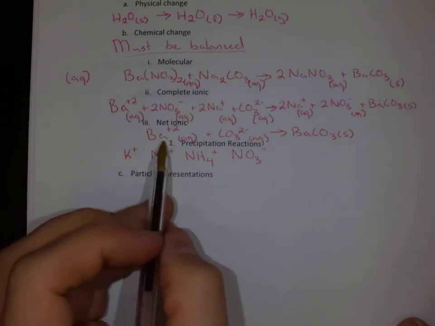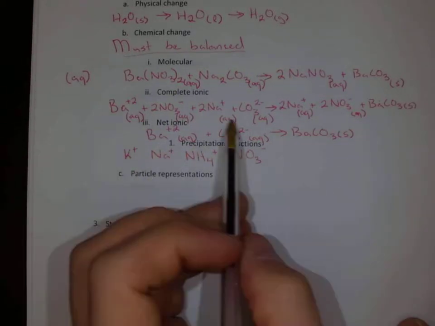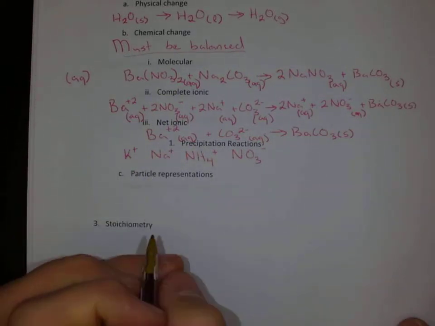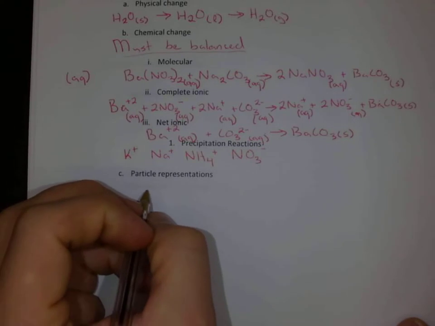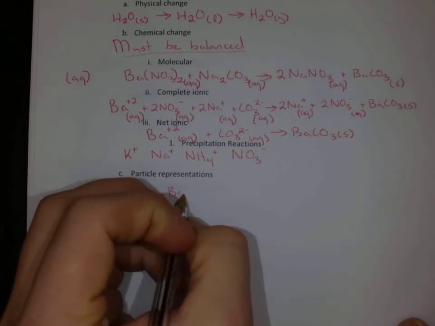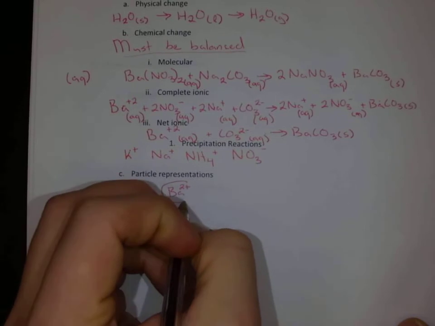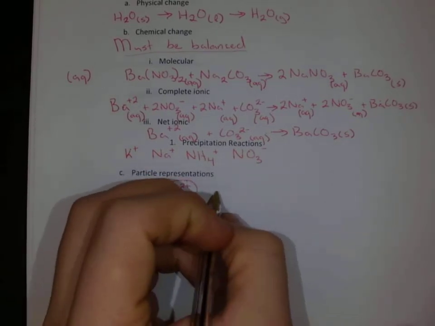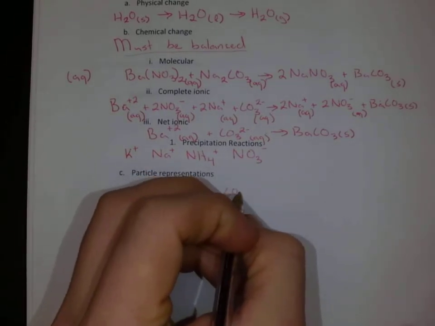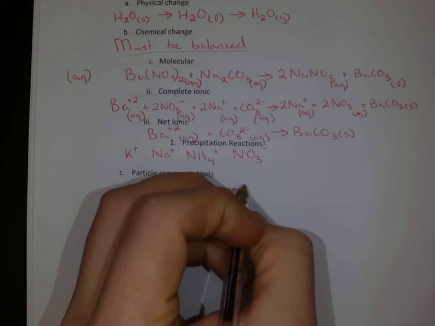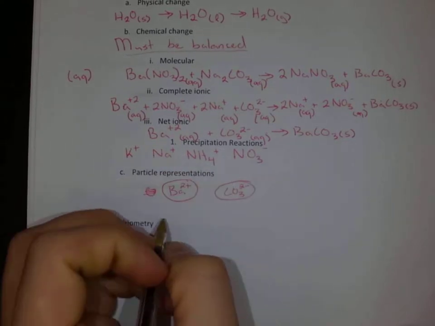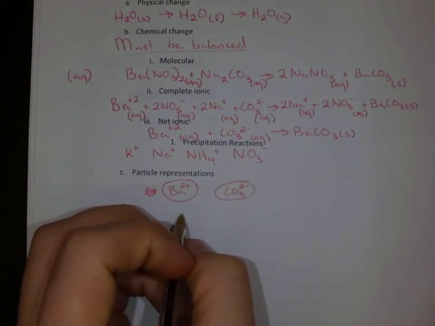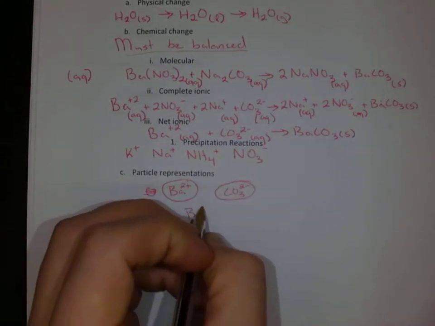So if I wanted to draw the net ionic equation as a particle diagram, I could start like this: a couple of Ba2+ ions and a CO3 2- ion, and I'm going to put a couple more on here.